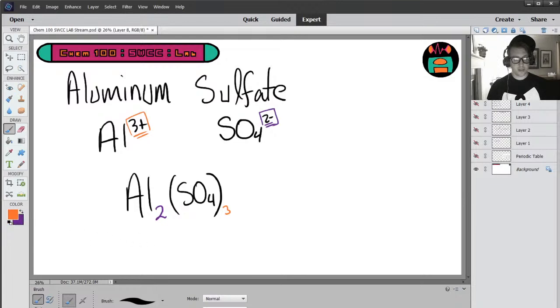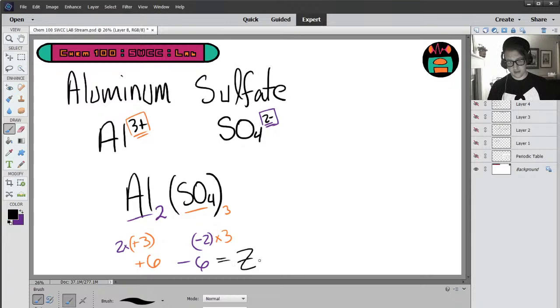Aluminum has a charge of positive 3, and sulfate has a charge of negative 2. If we multiply aluminum by 2, and multiply sulfate by 3, you end up with a positive 6 and a negative 6, and together they add to 0. And that trick, when you have two charges that don't go into each other evenly, will work every time.